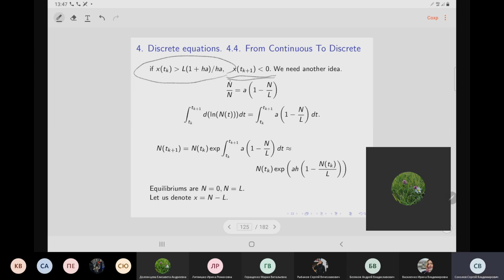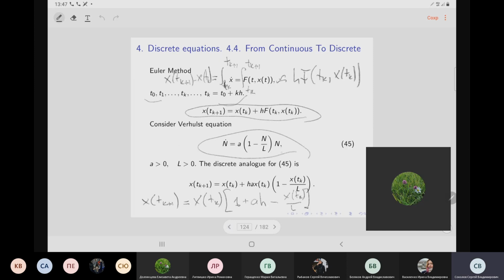That's why we need some other idea to discretize our equation. And we have one. So we can divide our Verhulst equation by n, left and right hand side.